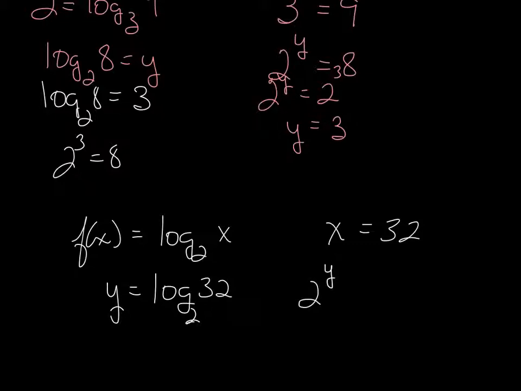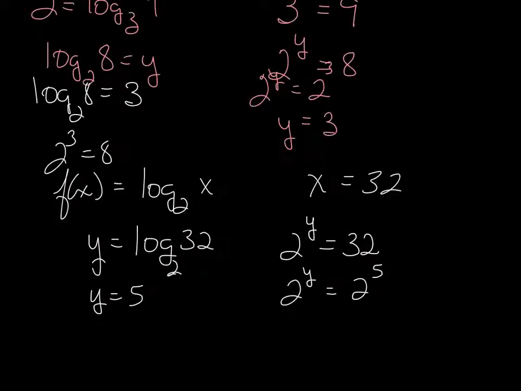We're trying to figure out what y is. Equals 32. But how can I rewrite 32 with the base of 2? It's 2 to the 5th. So what is y? Y is 5. Or if you want to go back and put it in function notation, f of 32 equals 5.